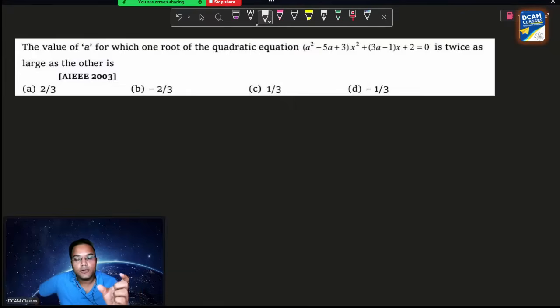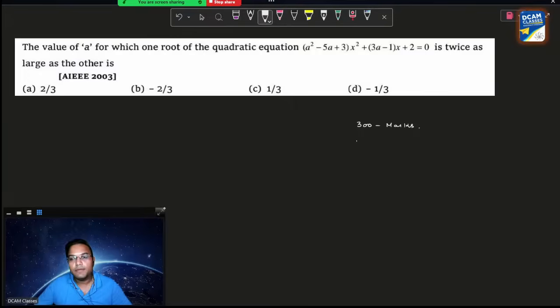Accuracy is important. If you see the calculations now, when you are giving a 300 marks paper in your practice test, if you are able to solve only 10 questions in all the three subjects, but they are accurate, then 30 into 4 is 120 marks, which is good.